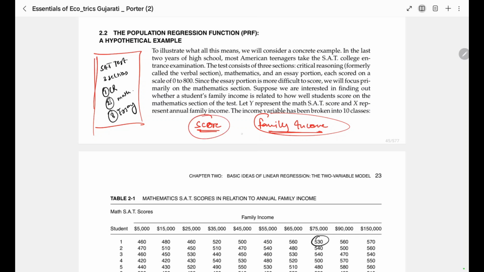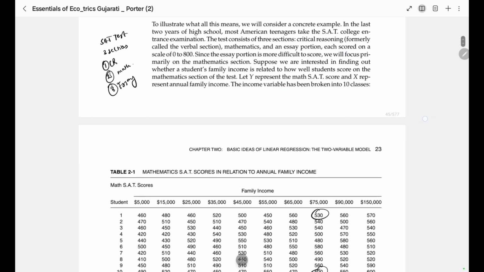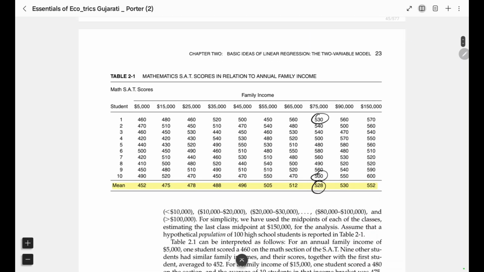What we have here is the population data of 100 students, that is, there are 100 students in a school or in a class, and we have all of their data, their family incomes and their scores, right. If we look here, these are the income values, 5,000, 15,000, 25,000, 35,000 and so on to 150,000.